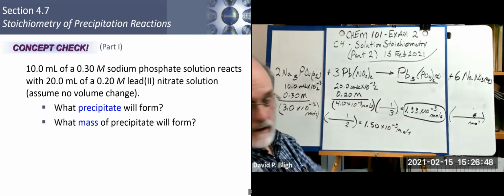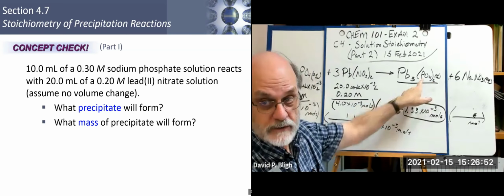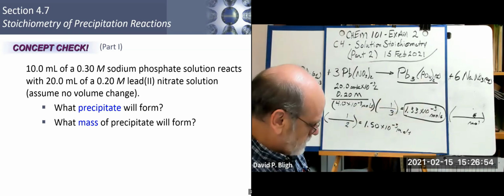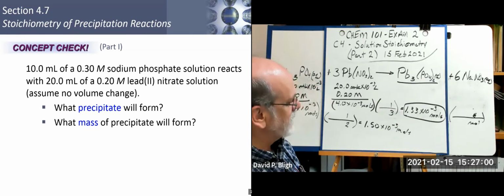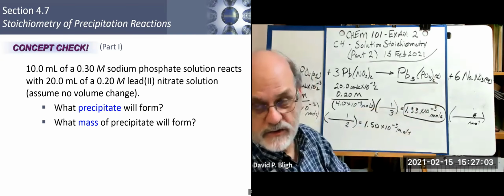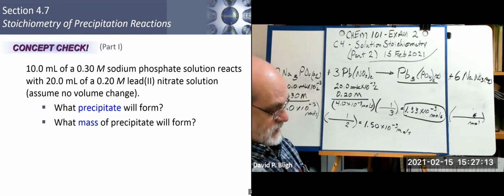And 2 phosphorus, which is 30.97 times 2, then add that together. And then how many oxygens? 8. So 16 times 8. Add that in. So is it that much? I better check my numbers.